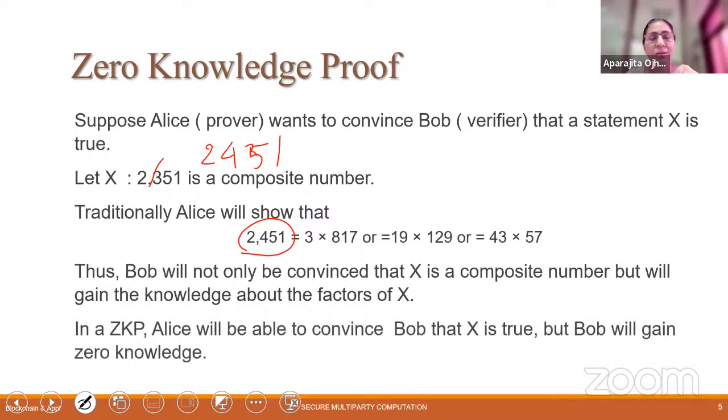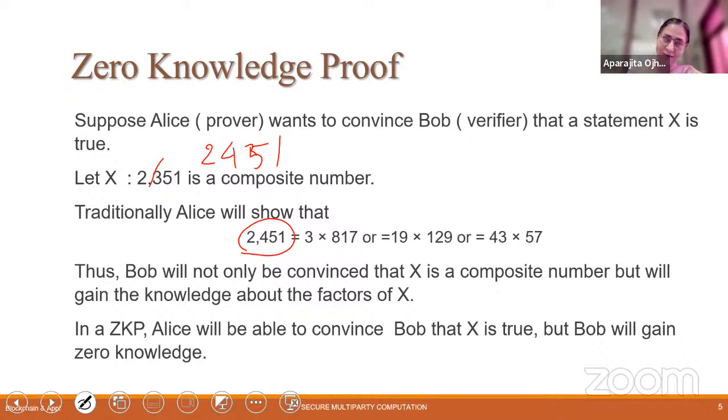So in zero knowledge proof, or ZKP, if Alice has to show that this is a composite number, Alice will be able to convince Bob that the statement X is true, but Bob will gain no information, or zero knowledge, about it. That is what is known as zero knowledge proof.